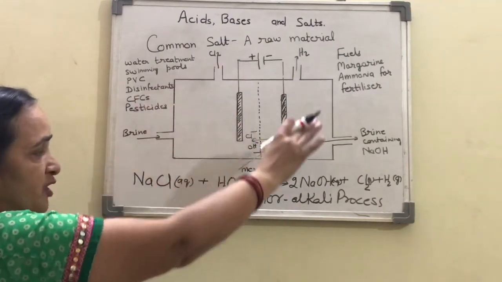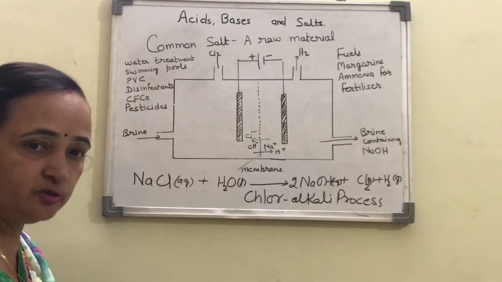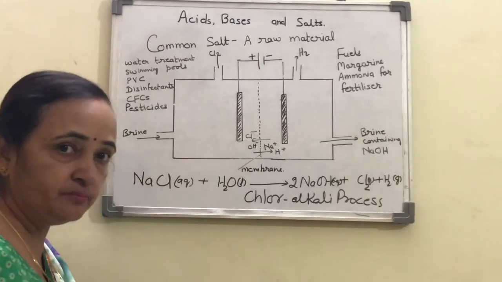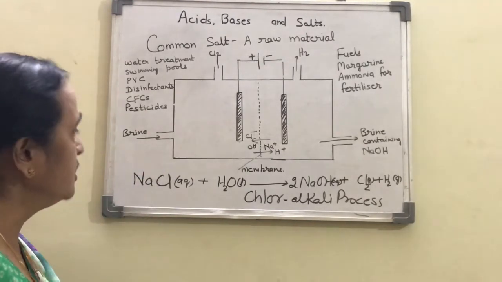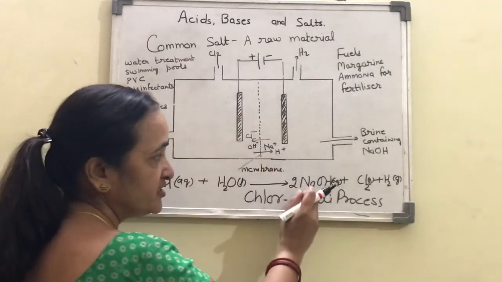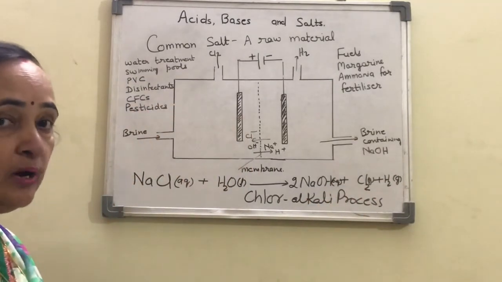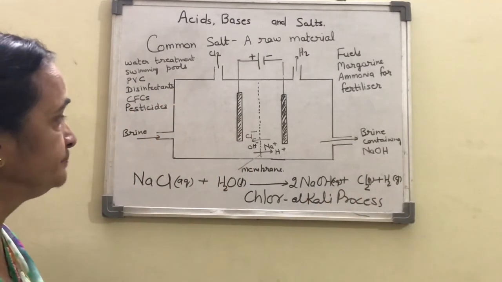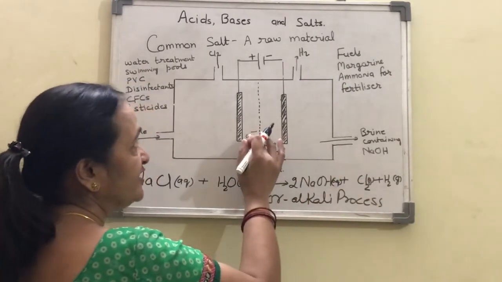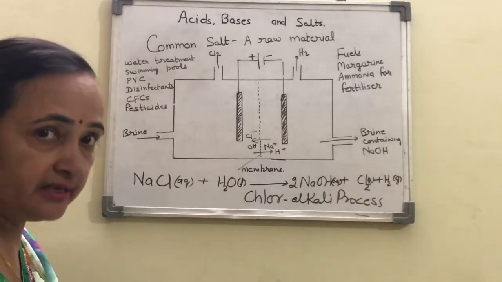So this whole process is known as chlor-alkali process, and in this again I am telling you that we will pass electricity in a brine, and brine is an aqueous solution of sodium chloride, okay, and then we will get sodium hydroxide, chlorine and hydrogen gas. Now one thing is very important here, that the ions which are formed in this chlorine are negative ions.